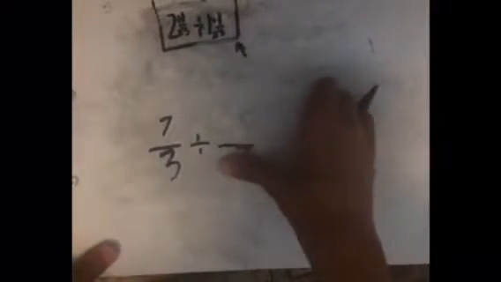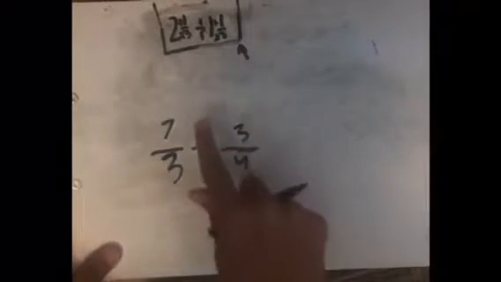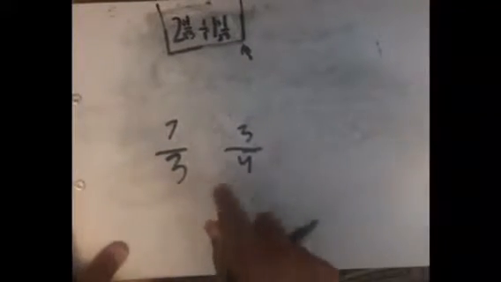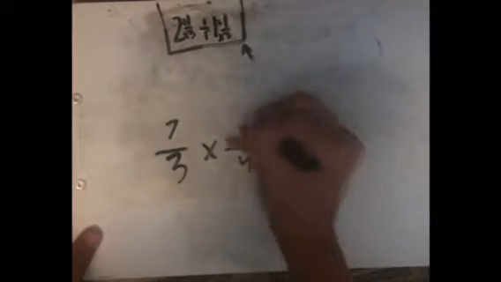But then to make this even simpler, we flip 4 over 3 to make it 3/4. And we do this because now we can make the problem simpler and make it multiplication.